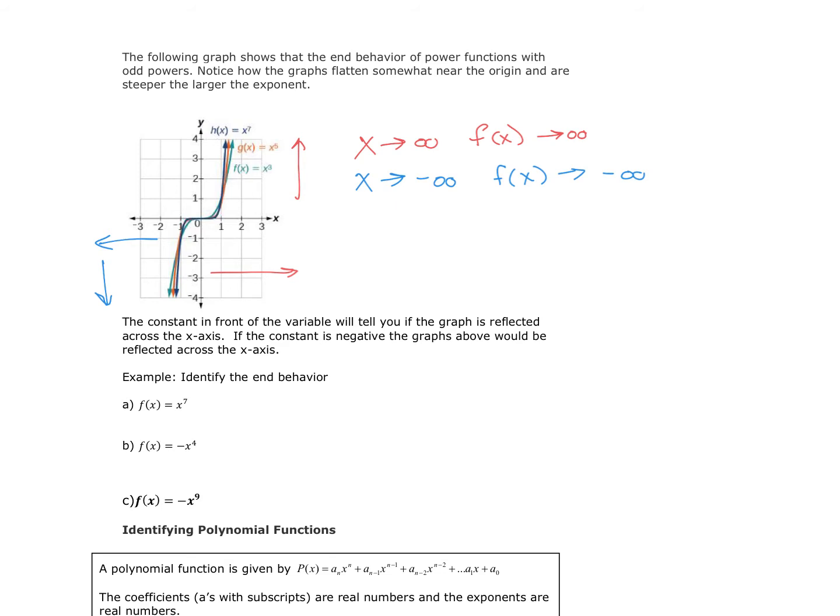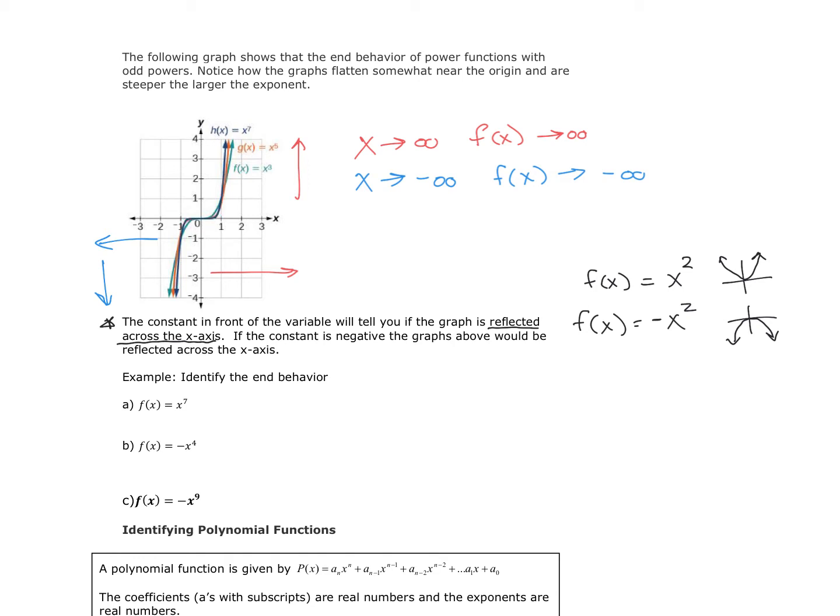So let's take a look at these examples here. The constant in front of the variable will tell you if the graph is reflected across the x-axis. So we know, for example, one of our favorite functions is x squared, and we know that that is going to go up and up. But if I put a minus sign in front of that, it's going to reflect and it's going to go down both on the right and on the left. So let's take a look.